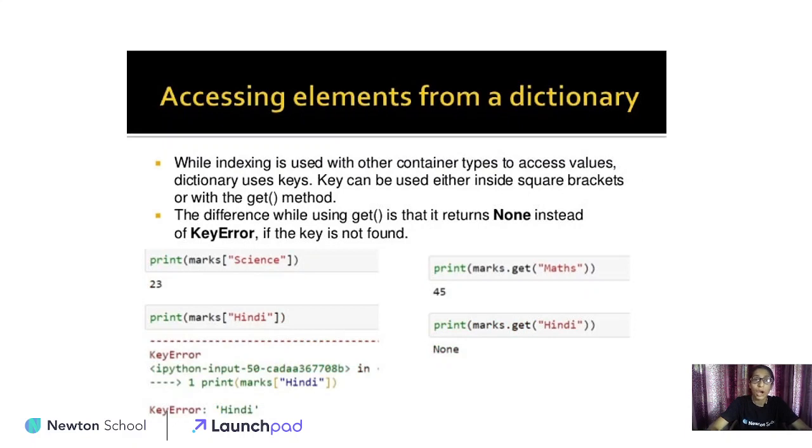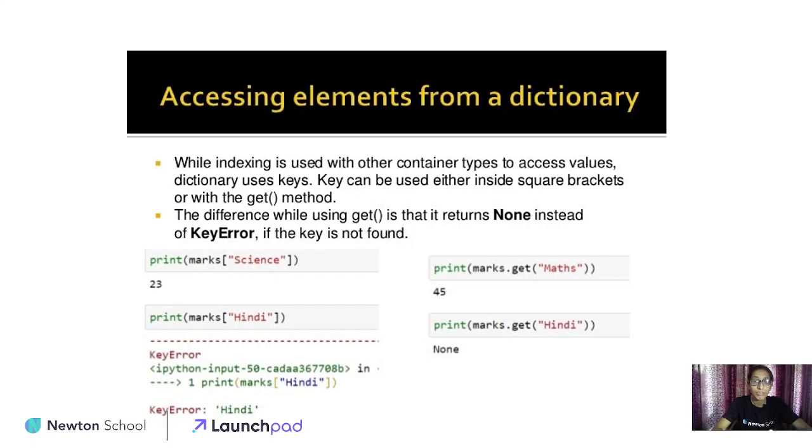Now let's see how to access elements from the dictionary. While accessing elements, indexing and slicing are done with square brackets. There are a lot of methods in the dictionary. While indexing, you use the key to access the value.